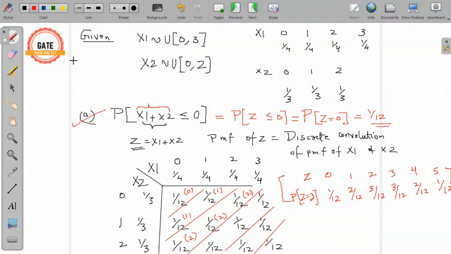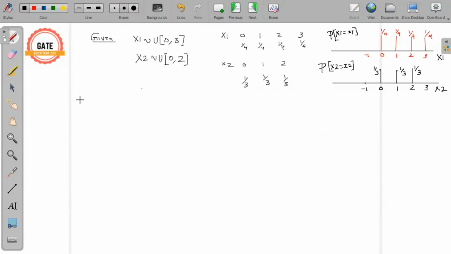So now let's see how to handle part B. In the B part, it's asked to find the probability x1 minus x2 is greater than or equal to minus 1.